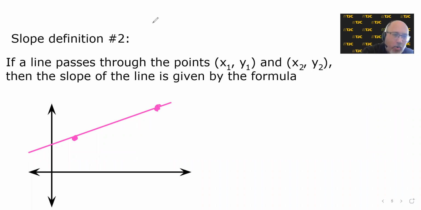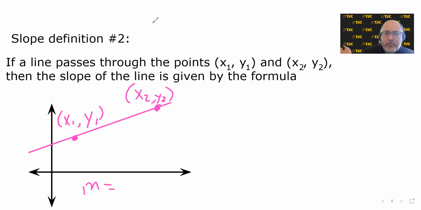If this first point is x1, y1, subscripted with 1s to mean the first point, and the second point is x2, y2, we can still calculate the slope as the rise over the run. But how can you represent the rise and the run generically? Here's the run, and here's the rise.